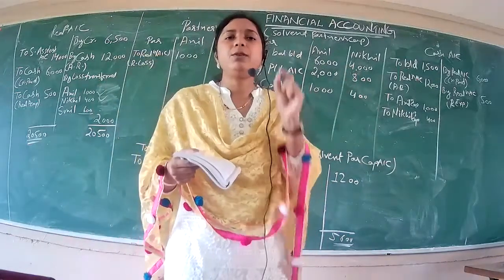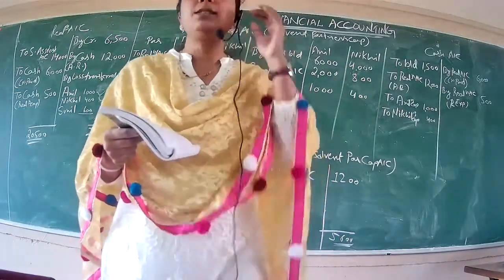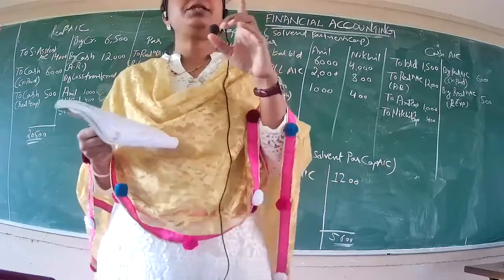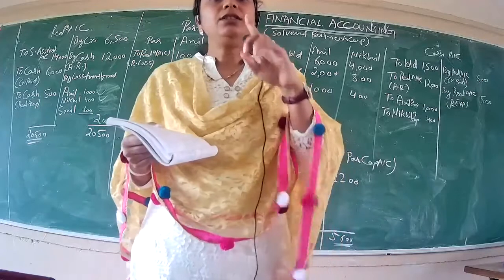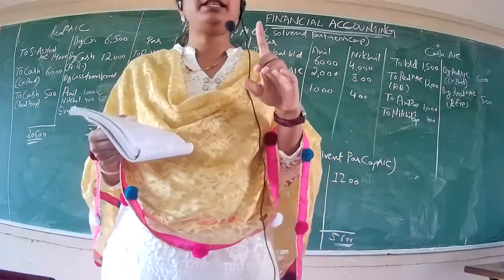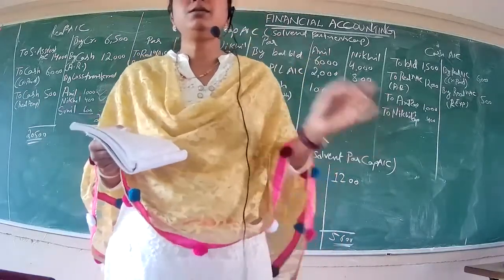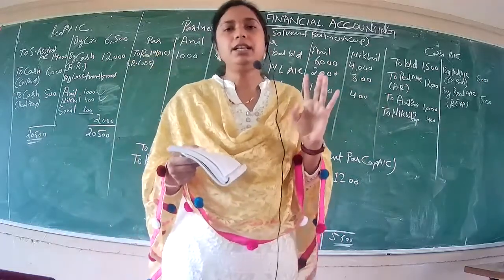That means we have to again apply the Garner versus Murray rule. Capital deficiency that arises due to the insolvency of a partner will be borne by the solvent partners in the capital ratio.